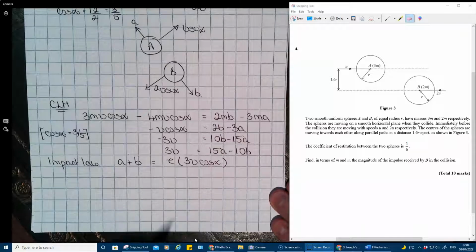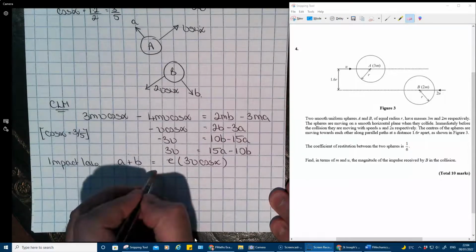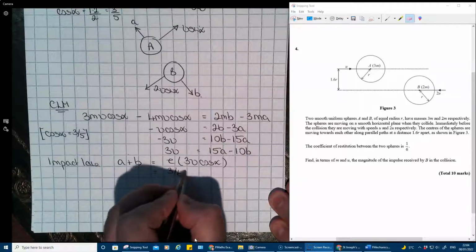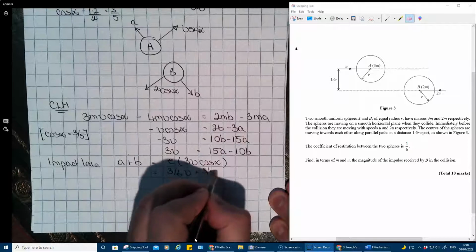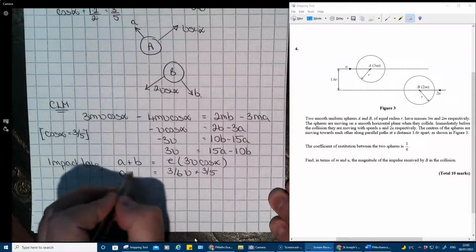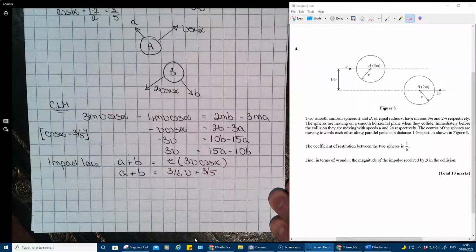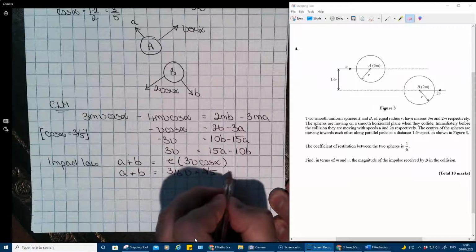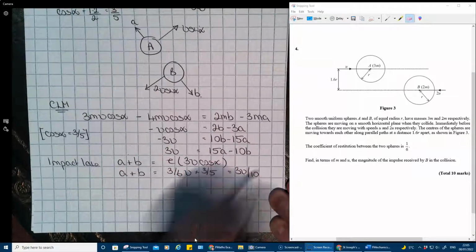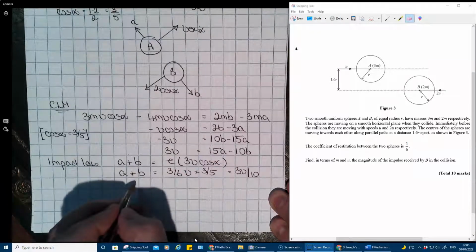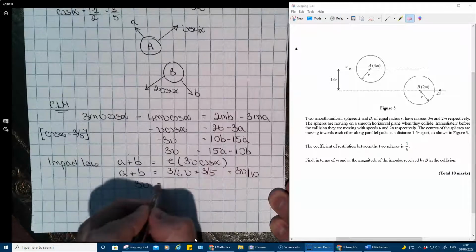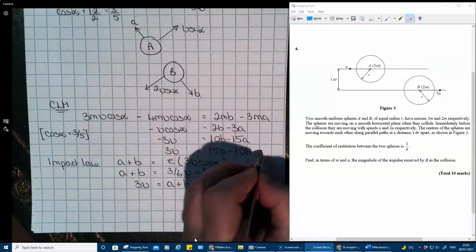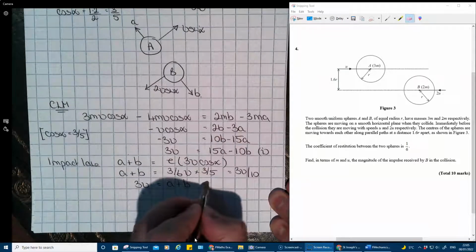Okay, again, I know e is a sixth in this case, so it's 3/6 u times cos alpha, which is 3/5. Okay, and this equals 9/30, which is 3u over 10. Times everything by 10, I get 3u equals a plus b. Okay, so I've got a pair of simultaneous equations now, 1 and 2.